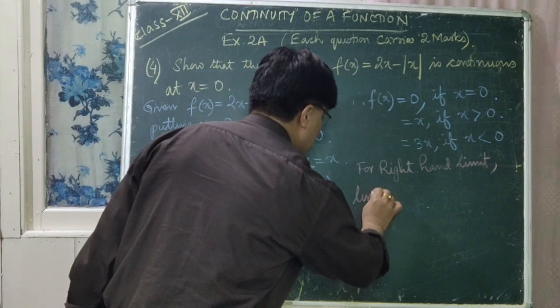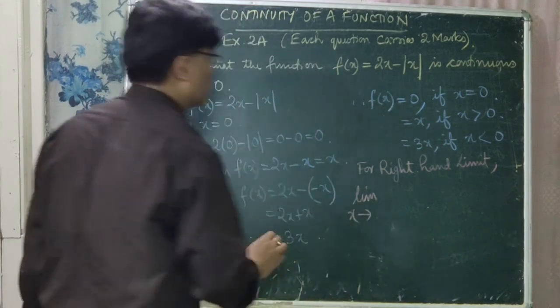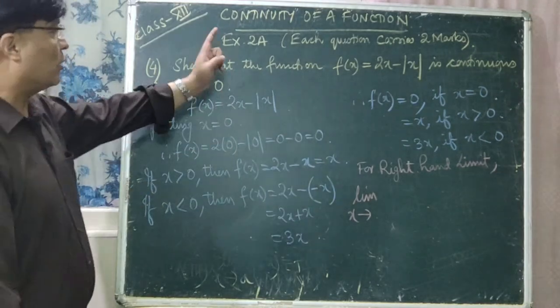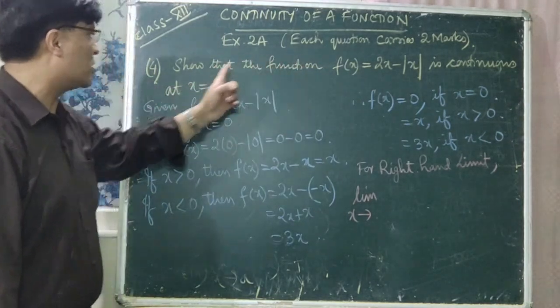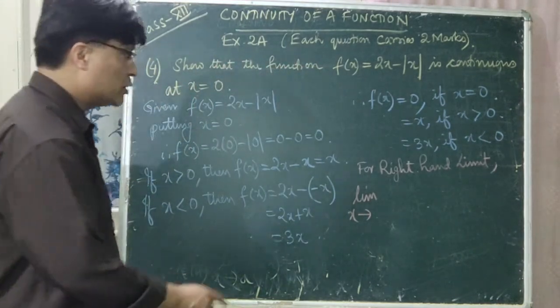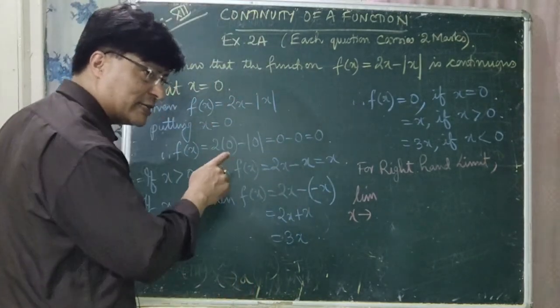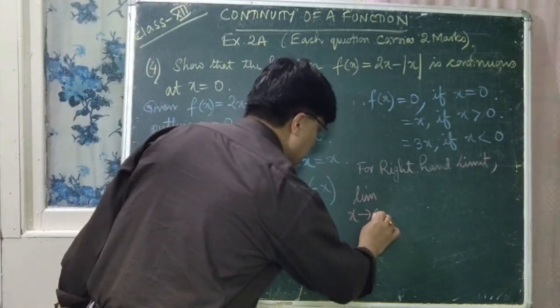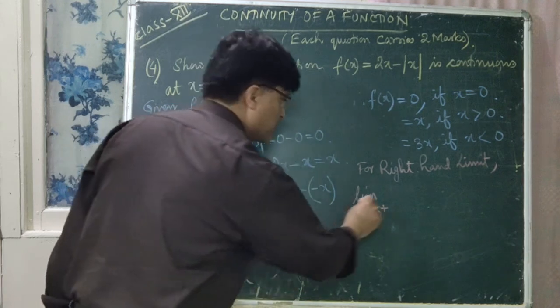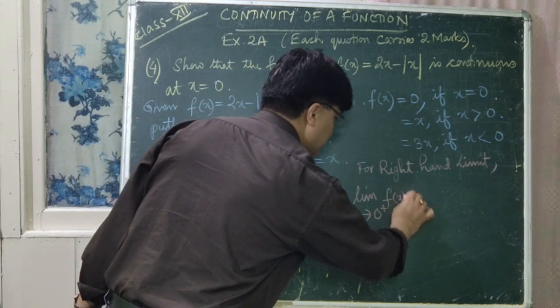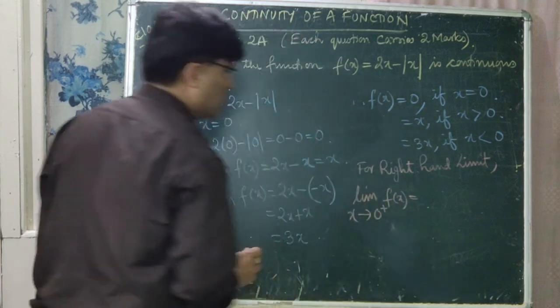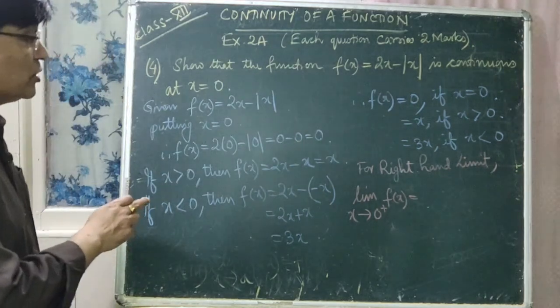So limit x tends to, what is the given point here? You have to check the continuity of this function at x is equal to 0. So how will you write down the right hand limit at x is equal to 0? Limit x tends to 0 plus f of x.